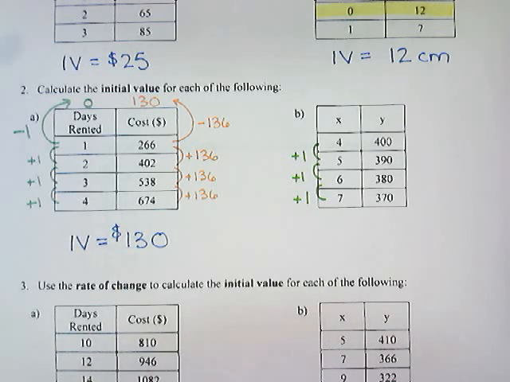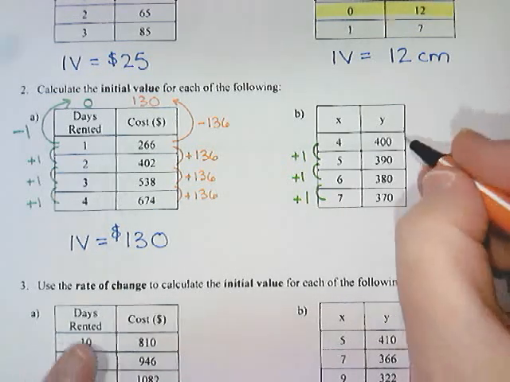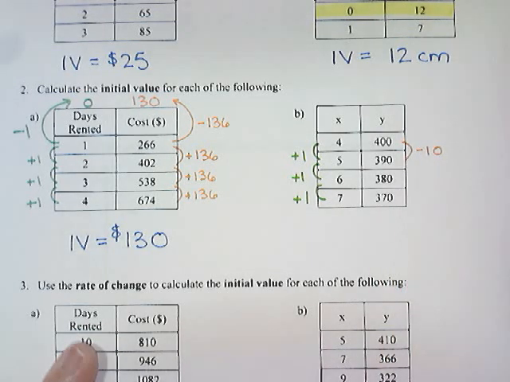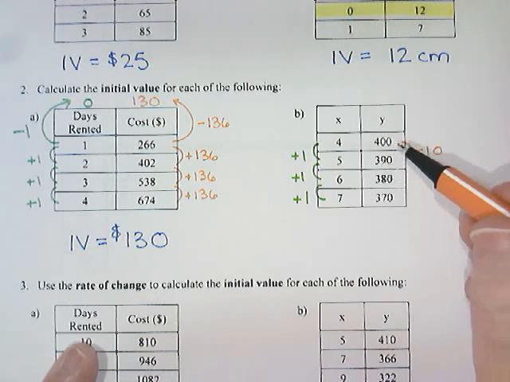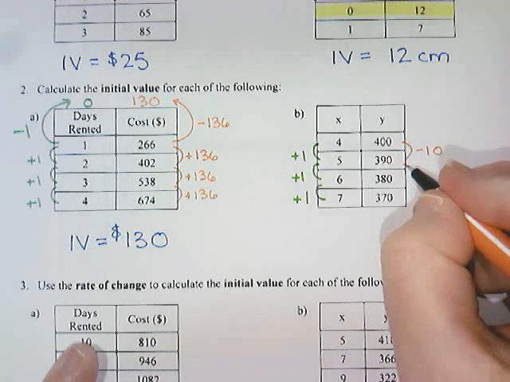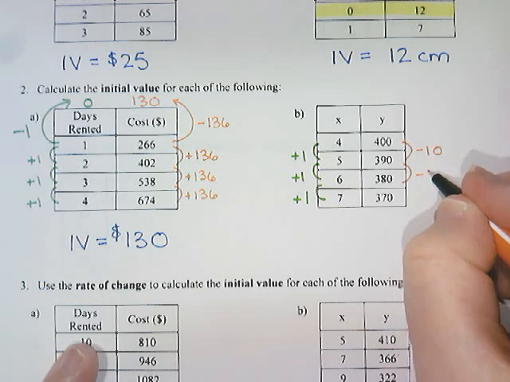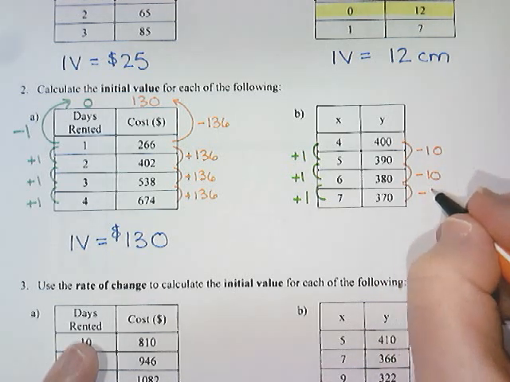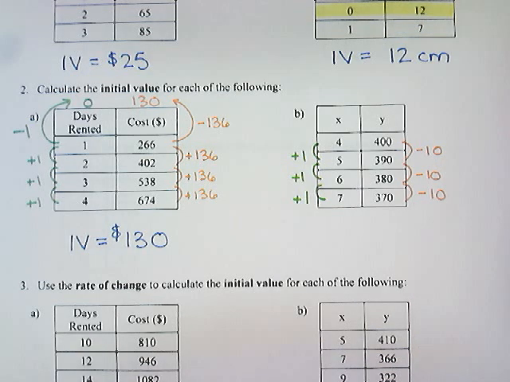On the other side, from 400 to 390, I subtracted 10. You could use your calculator and do 390 take away 400. To get from 390 to 380, I subtracted 10. And to get from 380 to 370, I subtracted 10.